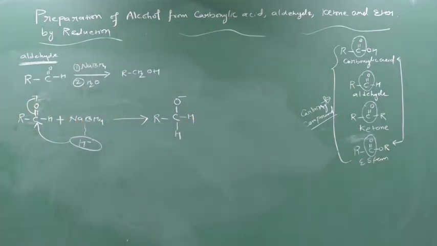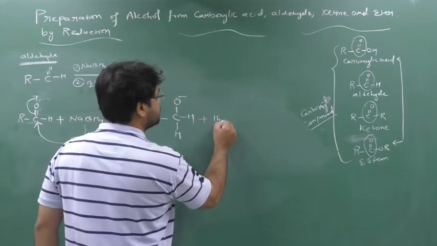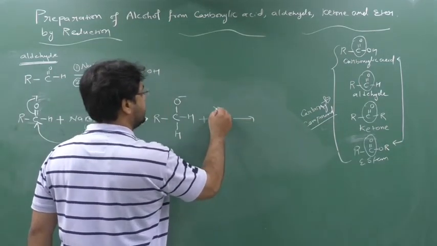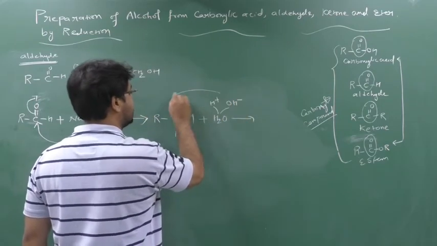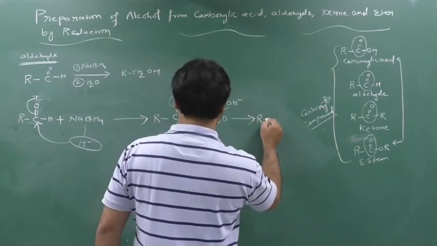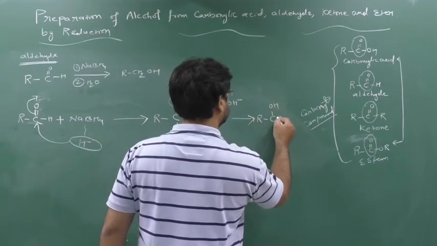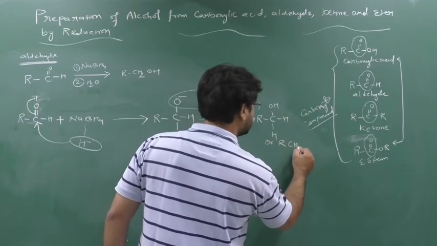This is the first step. In the second step, what are you doing? Water. So what will happen here? This H2O will get split and forms H plus and OH minus. This H plus and O minus will react and form R, C, OH, H and H, or I can write it like this: RCH2OH.